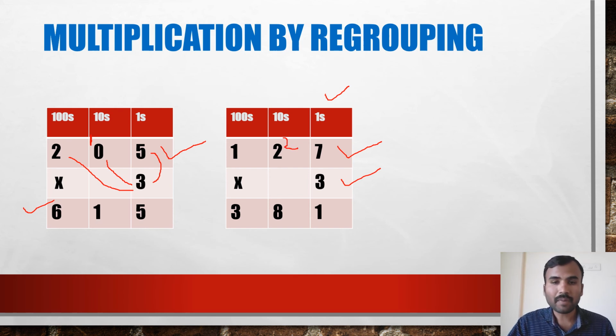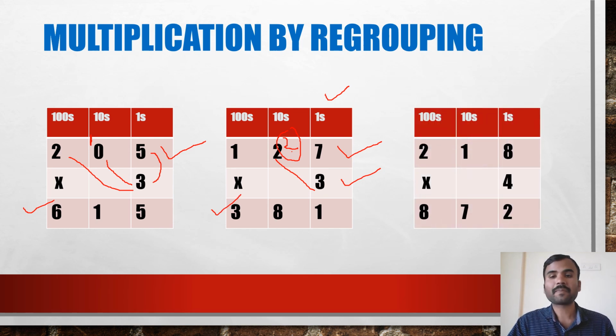Then multiply with tens. 3 twos are 6, and the regrouping number, this one you have to add. 6 plus 2, you will get 8. Okay, and now 3 ones are 3, so the product is 381.